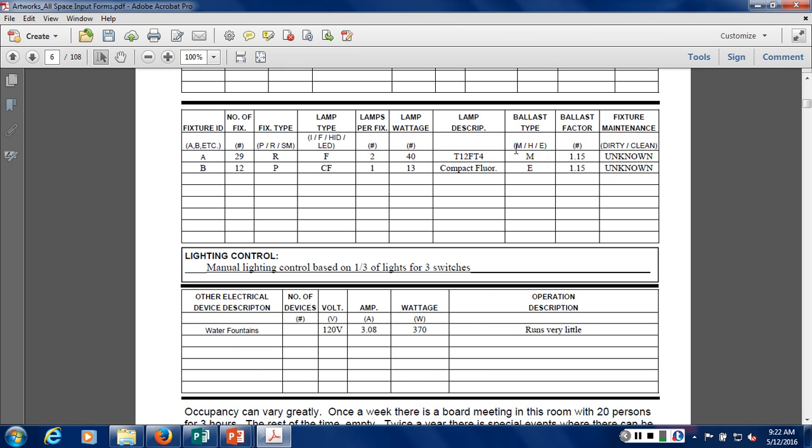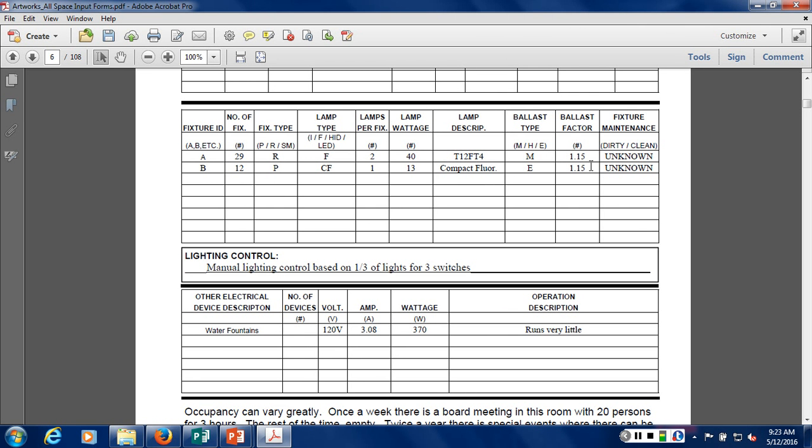Ballast type, we have magnetic, we have hybrid, and we have electronic. Most of the older fluorescents, especially the T12s, you could still find some magnetic ballast out here. All the current or newer fluorescents use electronic. There was only a small window in the late 80s, early 90s where hybrid ballasts were used.